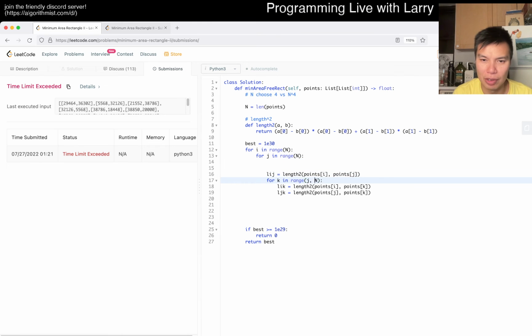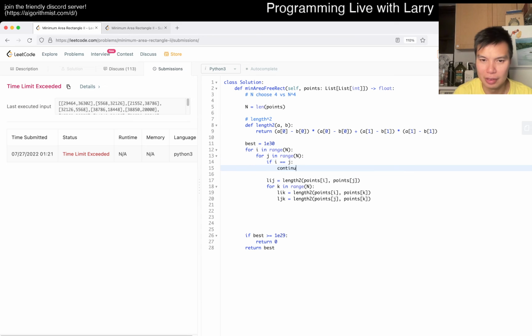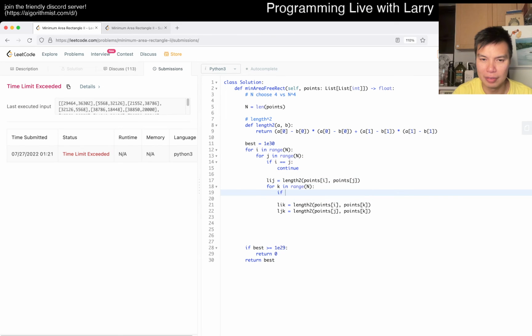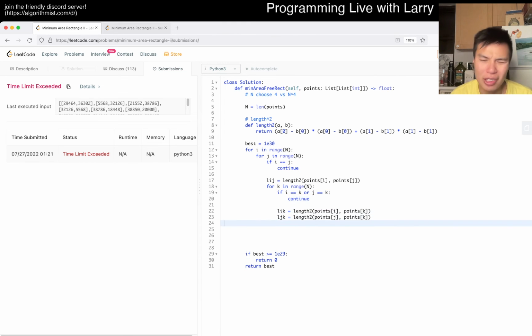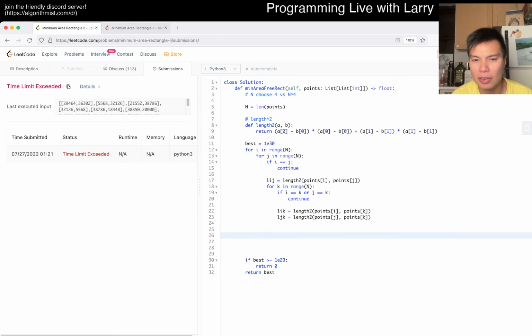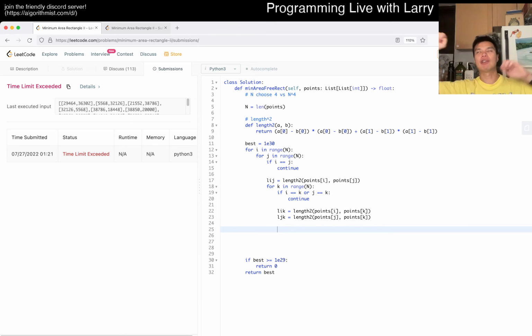Now we have to do all three, but then if i is equal to j, we continue, of course, and if i is equal to k or j is equal to k, we continue, right? I guess you could have also checked for this being 0, but that's more expensive. Okay, and then now the idea is, what's the easiest way given these points? Do I have the thing still on screen? Because that would be actually kind of sad.